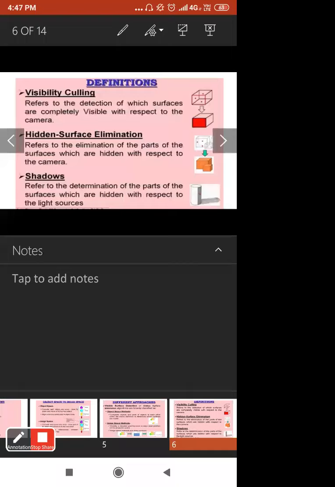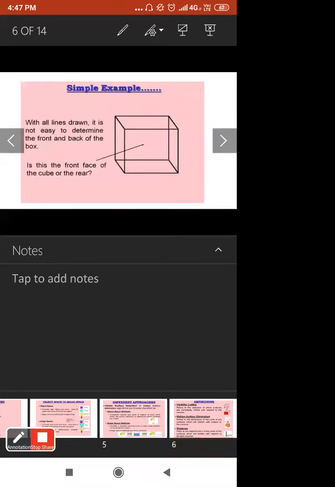Shadow is somewhat the appearance of the back faces. So it refers to the determination of parts of the surfaces which are hidden with respect to the light sources. So these are some of the definitions of the same concept, hidden surfaces.